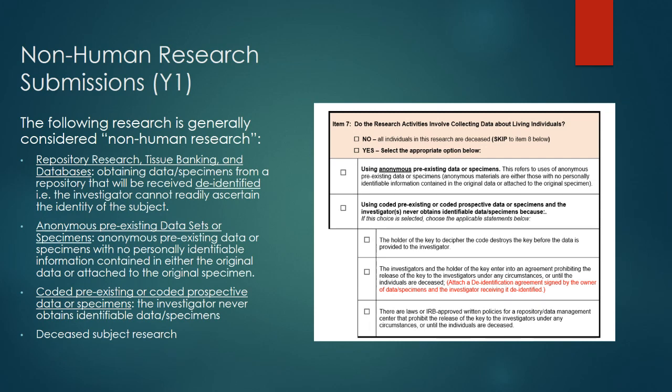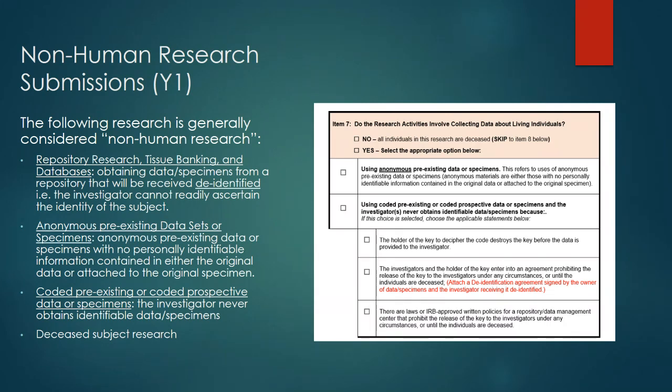If that data will be received already de-identified, then it is non-human. If the investigator will obtain anonymous pre-existing data, which means there is no way for the investigator to readily determine who is who in the data or specimen, and there is no identifiable information attached to that data or specimen, that will qualify as non-human.